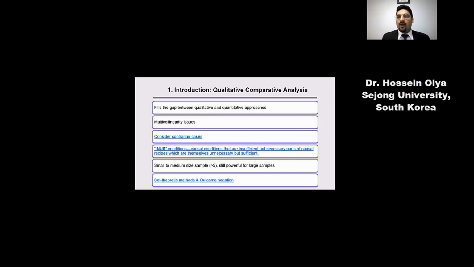Those who apply the qualitative approach criticize the quantitative approach for considering just some probabilistic measure like p less than 0.05 or 0.01 as a criterion for the acceptance or rejection of the phenomena.